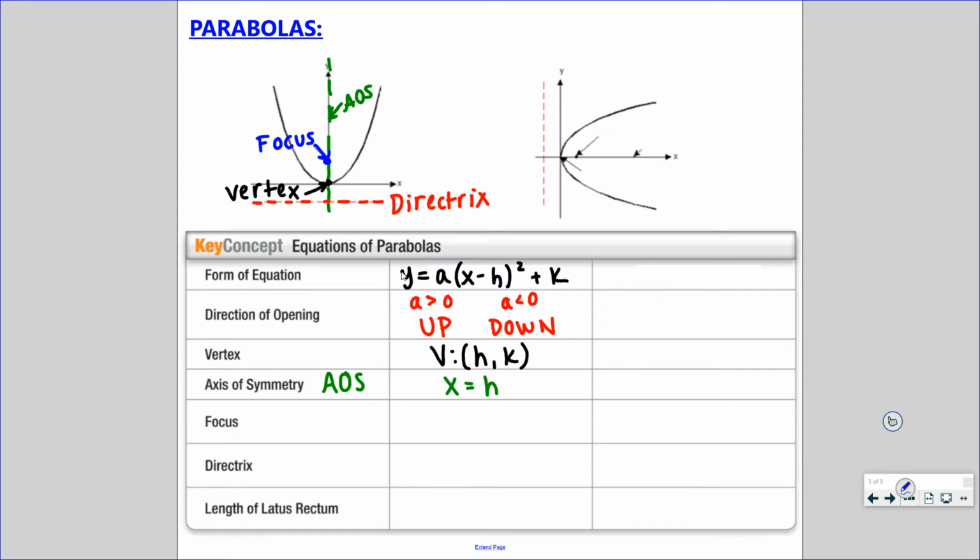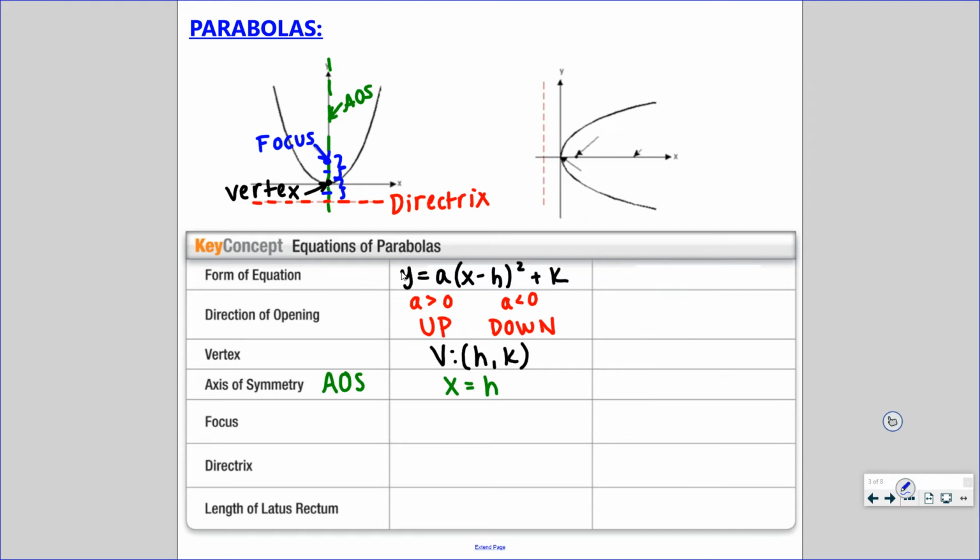So the vertex, because it's equidistant from the focus and directrix, this distance right here should always be the same. Does that make sense? If it's equidistant, this distance and this distance are going to be the same. Okay? That's what the focus and directrix are. They are fixed points and lines where every point on your parabola is equidistant from them.